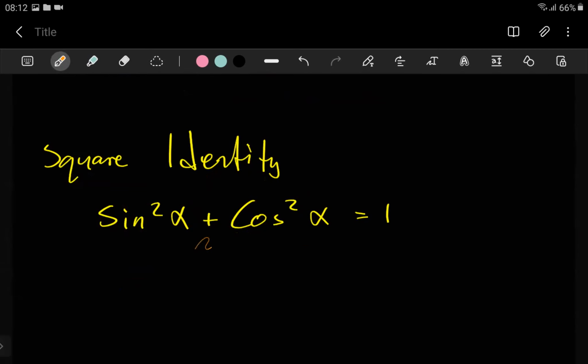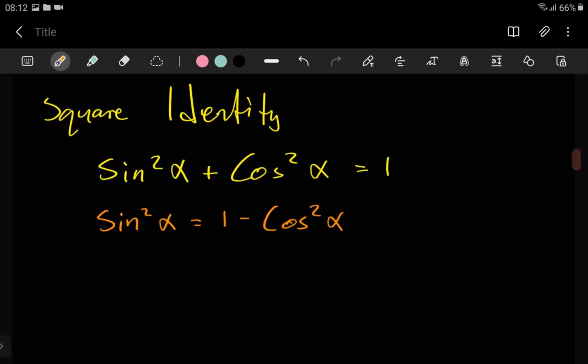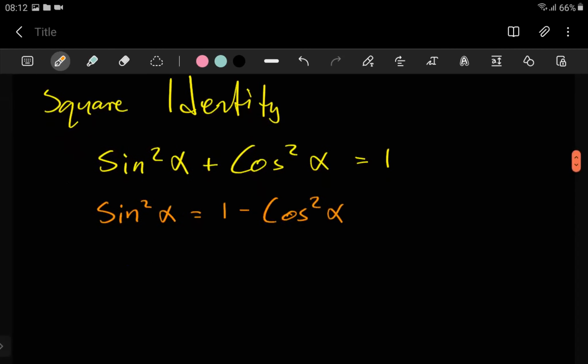But what we know about this expression is that the cos can go to the other side. And then you have sine squared alpha equal to 1 minus cos squared alpha. And then another variation is if the sine is the one that goes over to the other side: cos squared alpha is equal to 1 minus sine squared alpha.